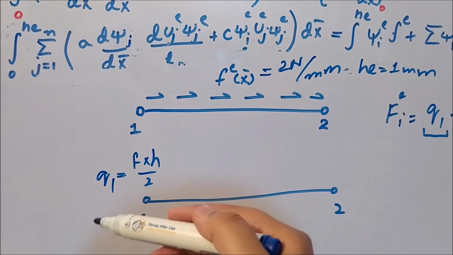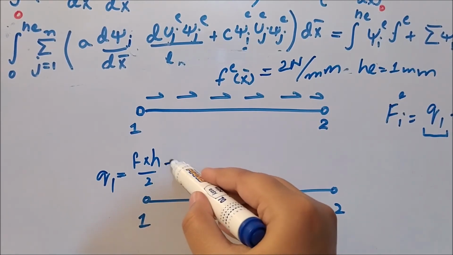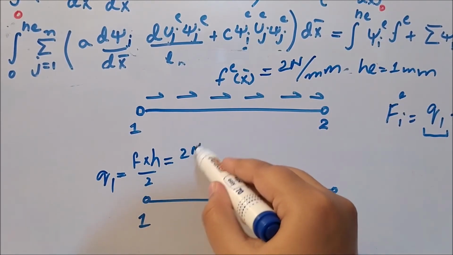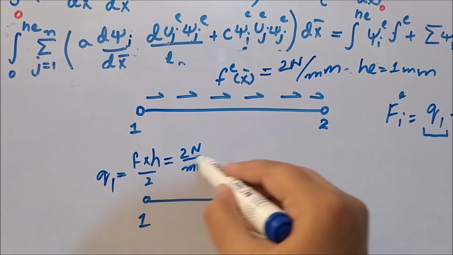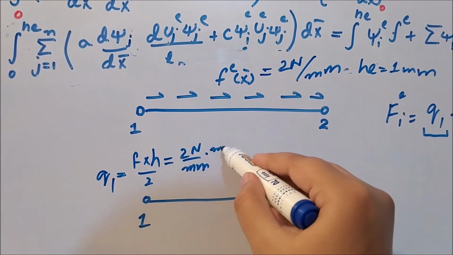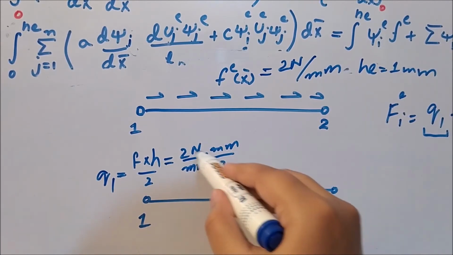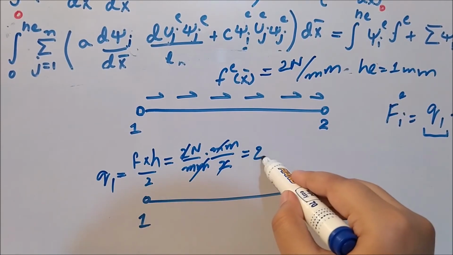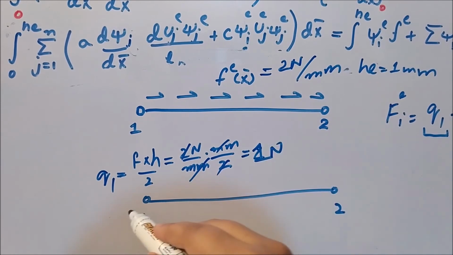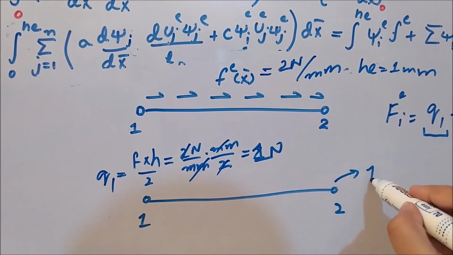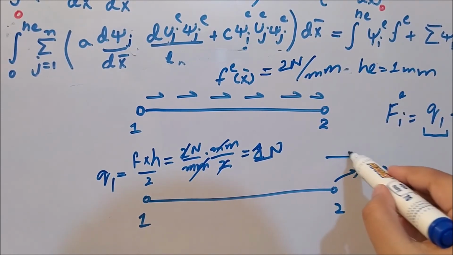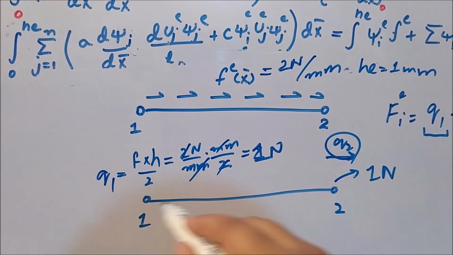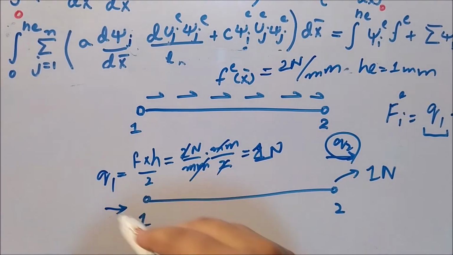That was the thing that we have just derived. So this force, 2 Newton per millimeter, times a millimeter length divided by 2, we will be getting a discrete force of 1 Newton on this side, and the same case for this side. So this Q2 is 1 Newton and this Q1 is 1 Newton on this end.